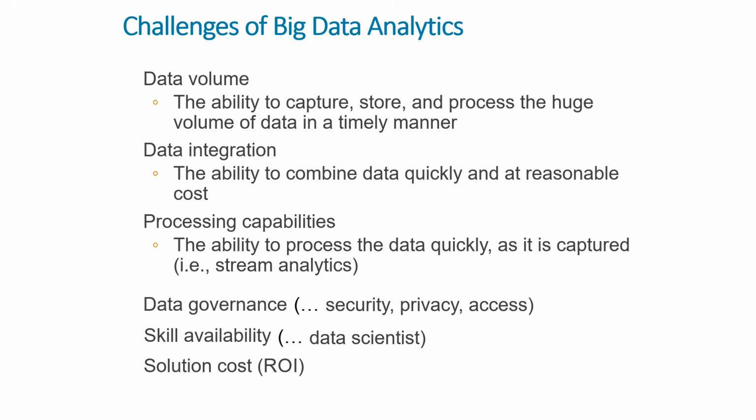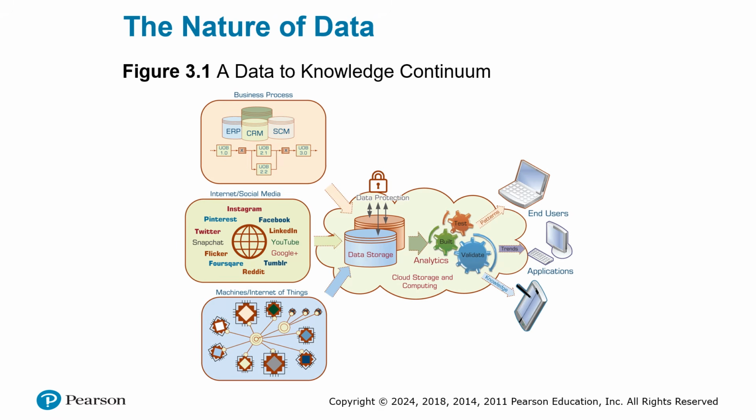Also skill availability. Of course, you need the data scientist, the data analyst, the business analyst for providing quick decisions in the cheapest way. Solution cost, of course, and ROI, return on investment: all the companies require more profit at low cost. This is the main objective of any business.